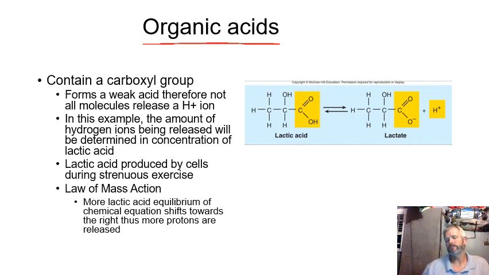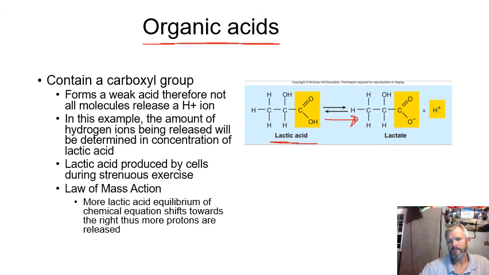When you're working out very strenuously, your body starts making lactic acid. We'll see why when we get to cellular respiration, why lactic acid is being made. But what happens as the levels of this get high in the blood, which way is my equation? Pushed in this direction.